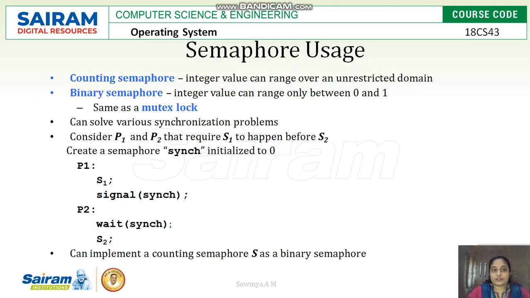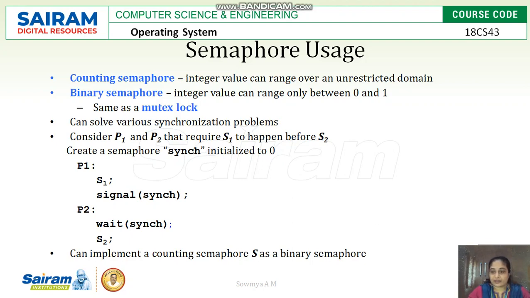The semaphores which have binary value, that is 0 or 1, we call mutex lock. In mutex lock, the wait makes the semaphore value 0 and signal makes the semaphore value 1. So to solve various synchronization problems, we can make use of semaphores.